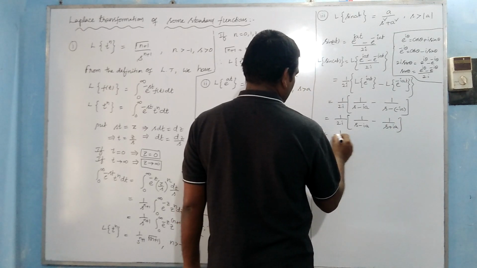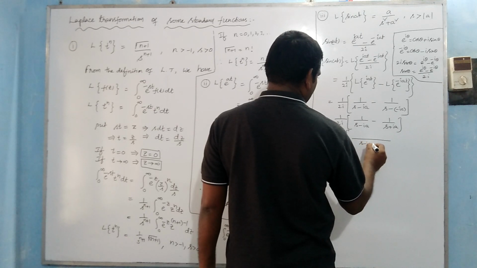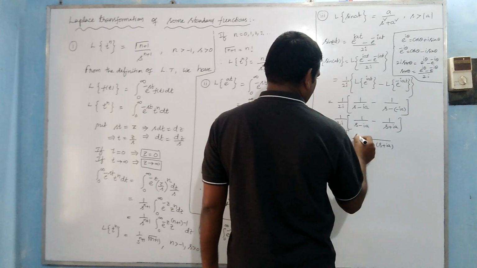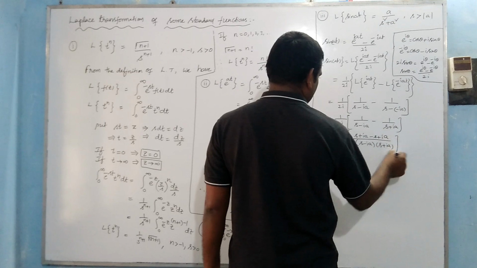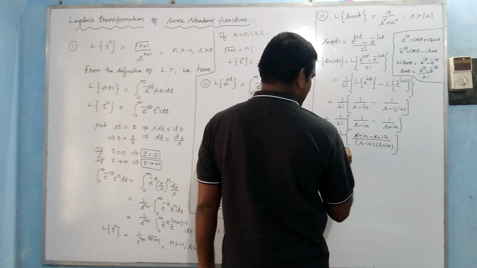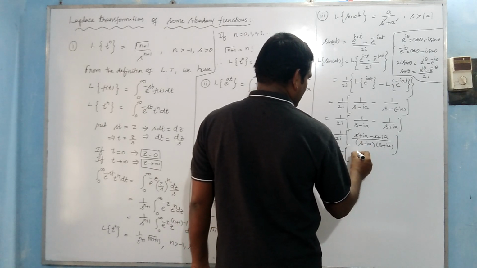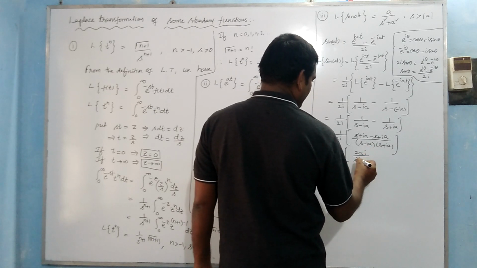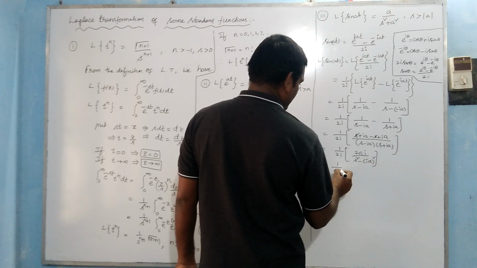Now taking LCM, s minus ia times s plus ia. So s plus ia minus s plus ia. Clear? So s cancels, 1 by 2i times 2ai by s square minus ia whole square. Clear?